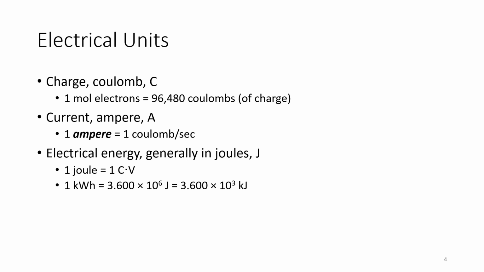the symbol for coulombs. All right, notice that it says that 1 mole of electrons has a charge of 96,480 coulombs. That is Faraday's constant, right? We've seen that before. That's where that comes from.